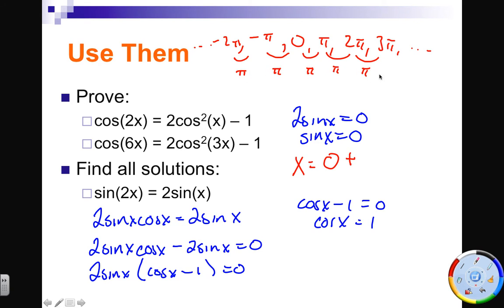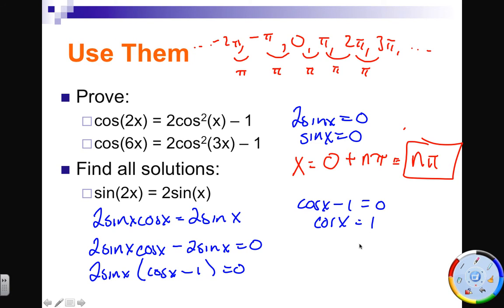They have a common difference of pi. So I'm going to say pi, common difference is kind of like slope, n. So n is my variable, and notice n could be any number. If I plug in a 1, I get pi. If I plug in a 7, I get 7 pi. It's part of the answer. And you could simplify this answer to n pi. Now that's all solutions. That's every single one of them.